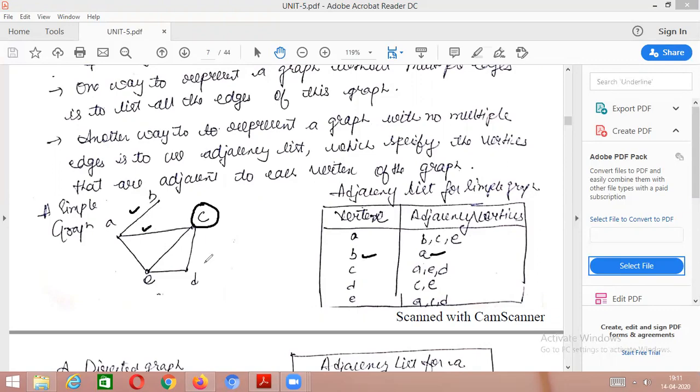A, next D, next E. Next, for the D vertex, what are the adjacent? C, E only. Next, for the E vertex, A, D, C.